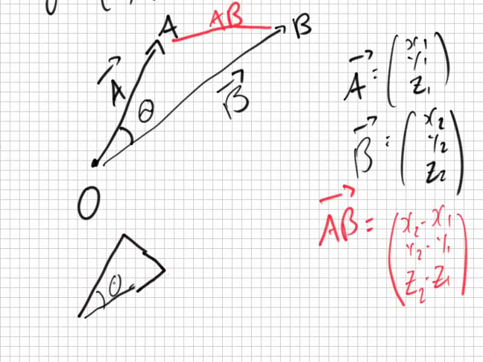Now, if you think about this as a triangle, we are given A, we are given B, and we can easily get AB. Meaning, we know the 3 vectors representing the 3 sides of this triangle. Therefore, we can know the 3 lengths: length A, length B, length AB. Triangle, 3 sides.